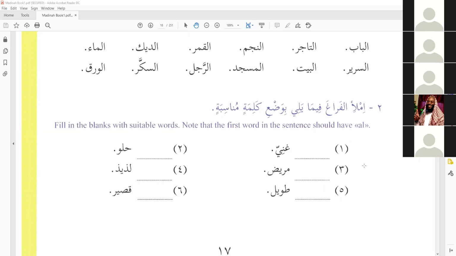The first thing was the ending of the khabar. He gave us sentences with hada so that we didn't have to worry about the mubtada. All we had to worry about was the khabar. And then after that, now he brings in using the mubtada with certain words, common nouns, al-qamaru, al-babu, right?